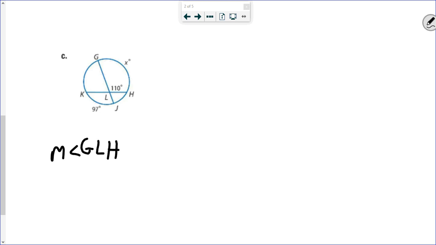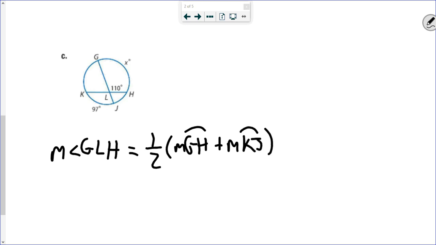GLH would be 1/2 of the measure of arc GH, which is what x is, x degrees, plus the measure of arc KJ. So, substitute: 110 for angle GLH is equal to 1/2 the measure of arc GH, that's x, what we're looking for, plus KJ, which is 97.